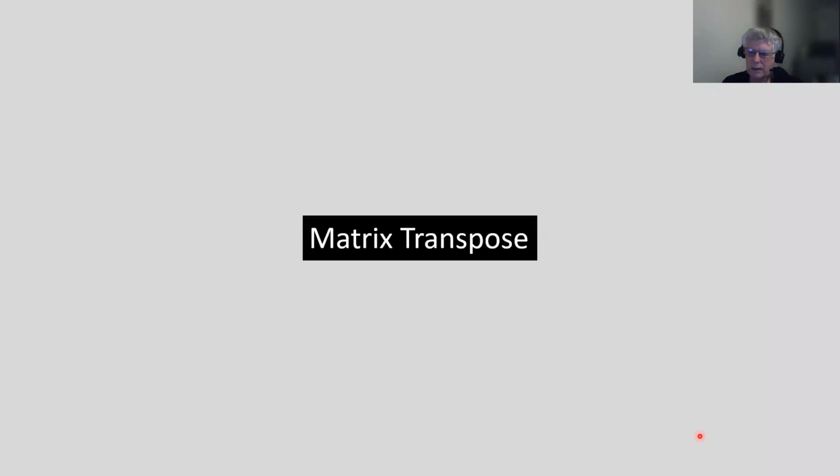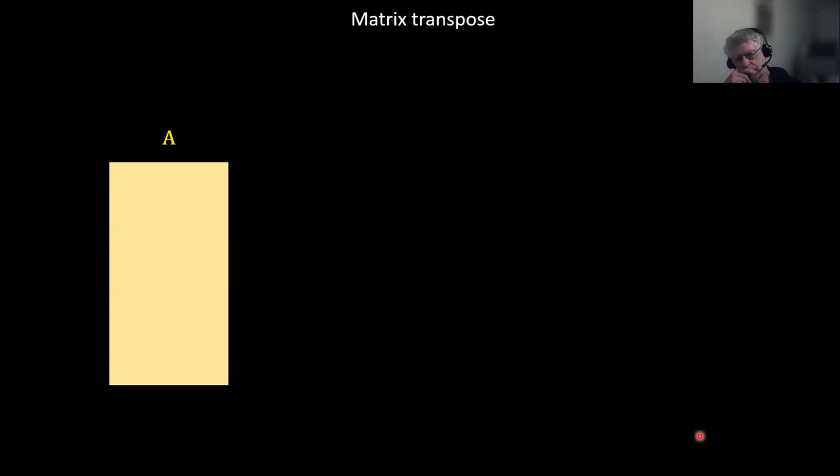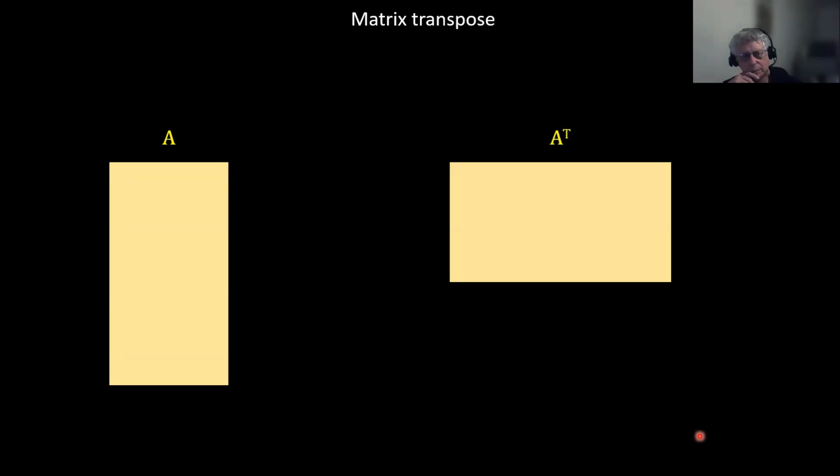Okay, let's look at some special operations that we can do on a matrix. So first one is the transpose. So here's a matrix A, and I'm going to take the transpose of the matrix A. Now with the transpose, I just flip the matrix on its side. Transpose is represented by this little t superscript.